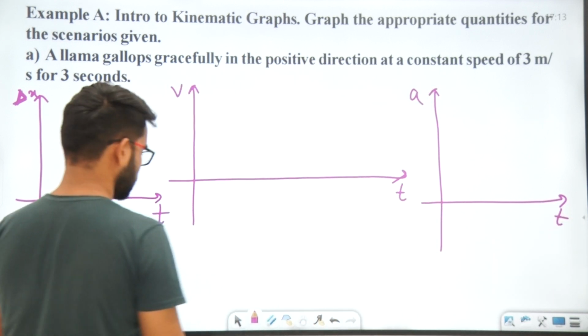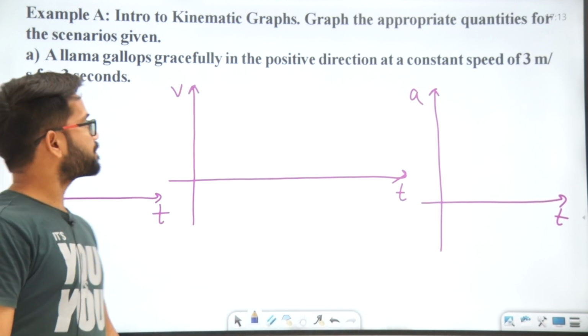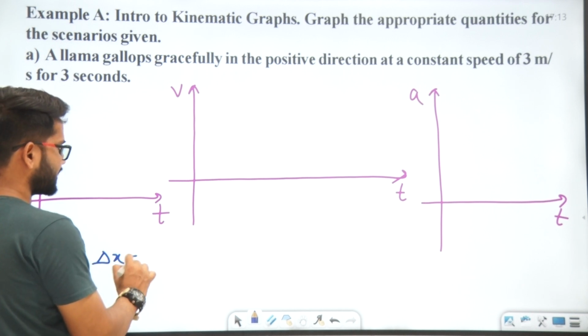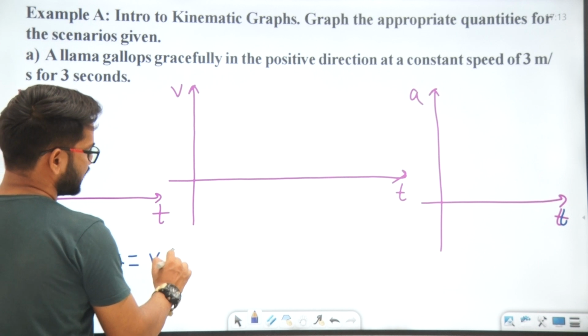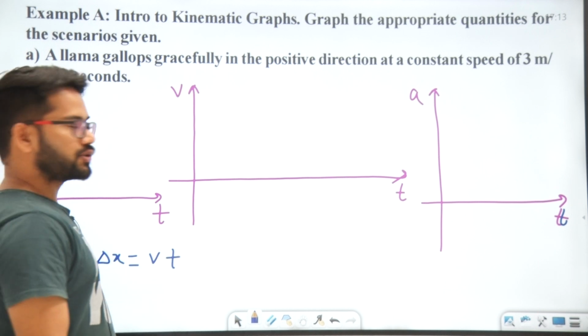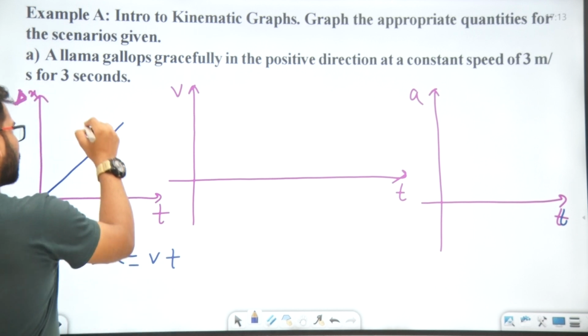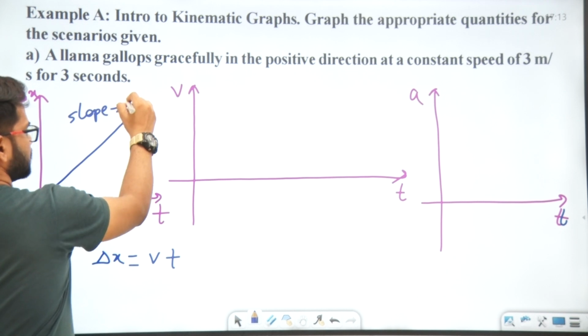So students, acceleration is 0. When acceleration is 0, can we write delta x will be v into t, right? So it will be a straight line graph. Here the slope will give us velocity, right?